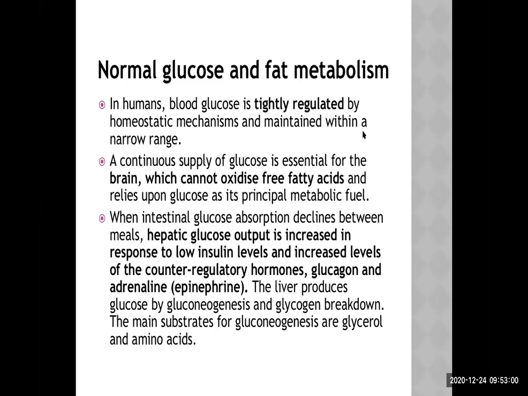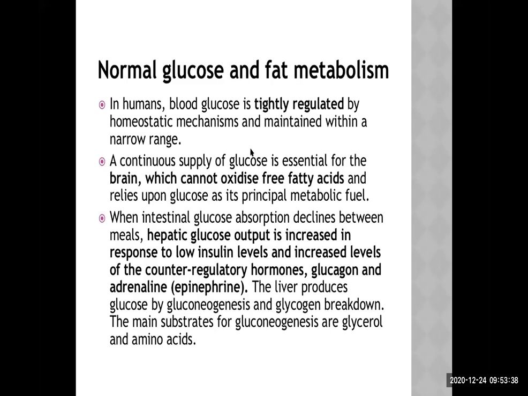But remember that rather than answering like this, it is better if you answer that it should not cross 126 milligram per deciliter as the fasting one, and the postprandial should not cross more than 200. So it should be lower than that value. That is the uppermost range I'm providing you. But if you roughly say 80 to 100, or 80 to 110, you are right there. Any teacher will accept your answer.